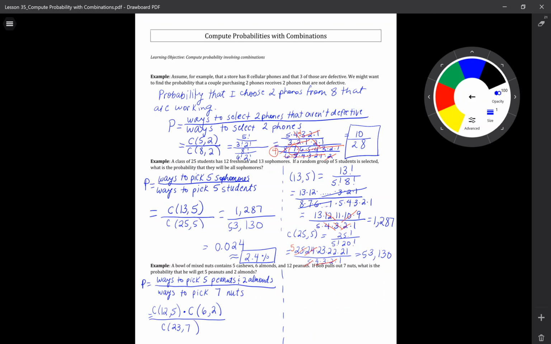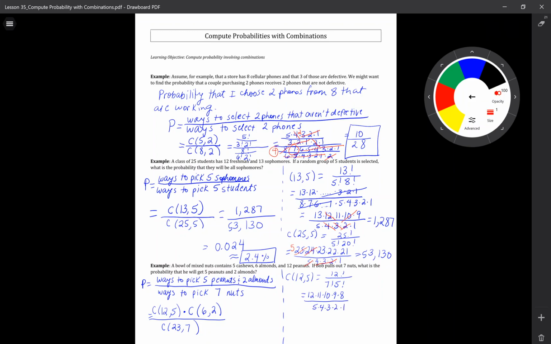All right, so let's do the math here on the side. So C of 12 choose 5. How many different ways are there to pick 5 peanuts from 12? This is 12 factorial over 7 factorial, 5 factorial. If I cancel out that 7 factorial from the top and the bottom, I get 12 times 11 times 10 times 9 times 8 over 5 times 4 times 3 times 2 times 1.